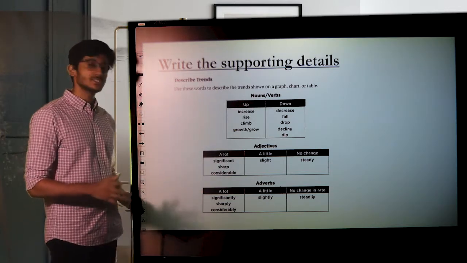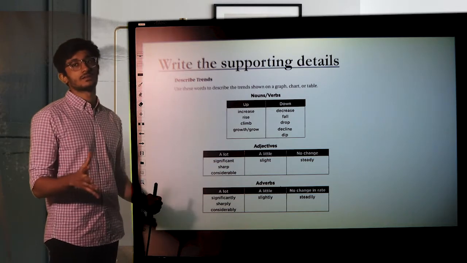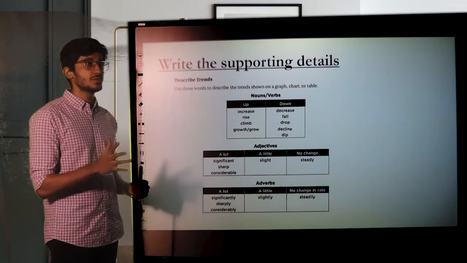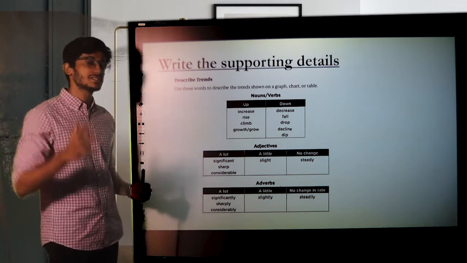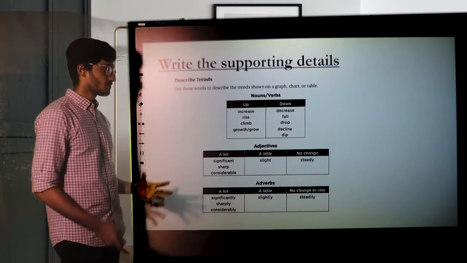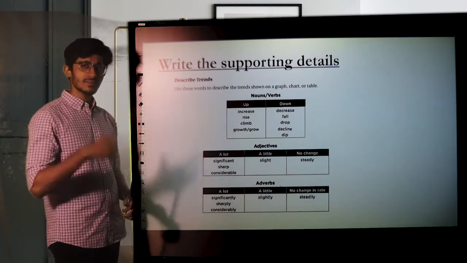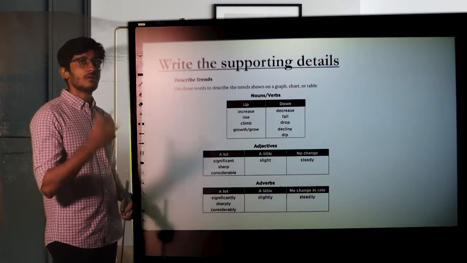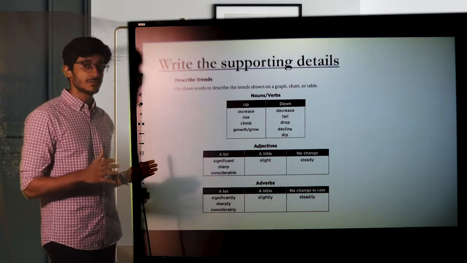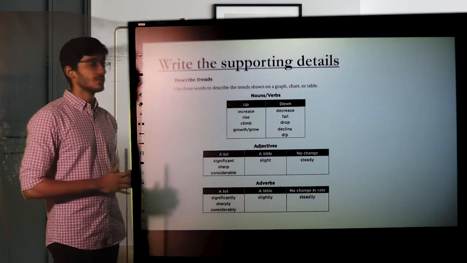And remember, you can't just use "increased significant." That's grammatically incorrect. You have to use "increased significantly" or "increased slightly." Here you also have similar adverbs. You can go through this and have a general idea of how you should be writing it to make the whole paragraph seem seamless and well fit.